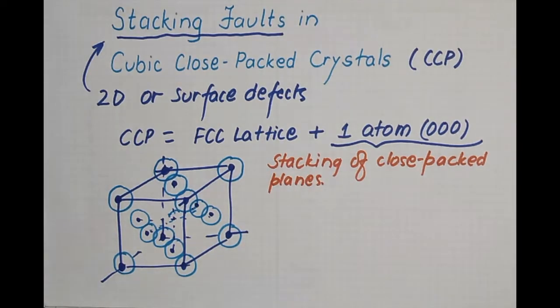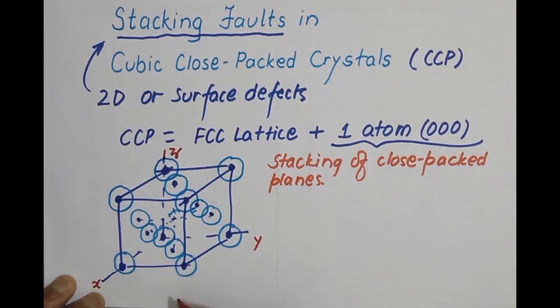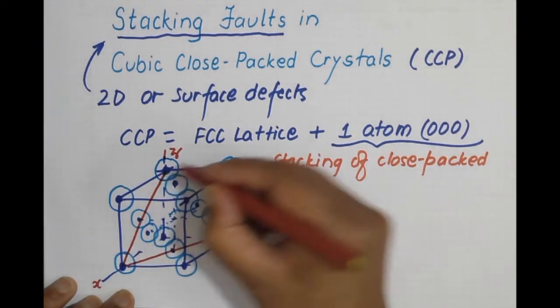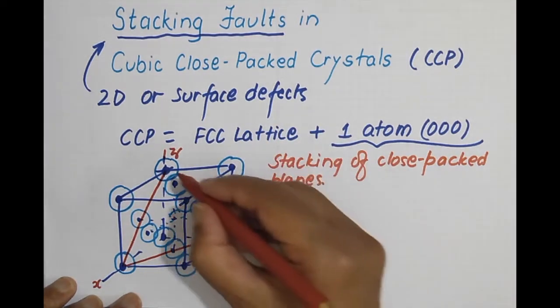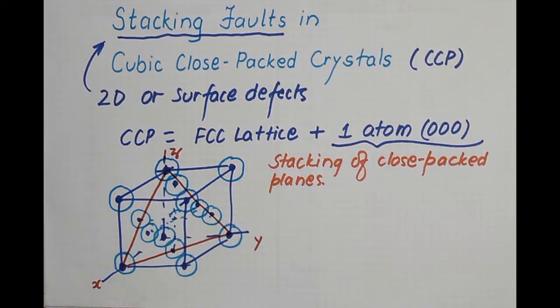So let us show a close packed plane. If this is x, y, and z, then 111 kind of planes are the close packed planes. So let me try to draw that. One along the x-axis, one along the y, and one along the z-axis.